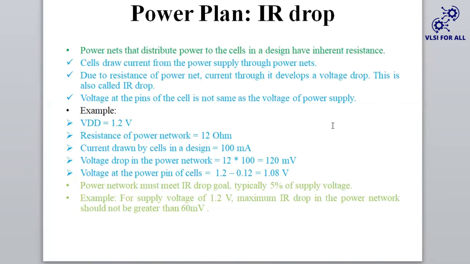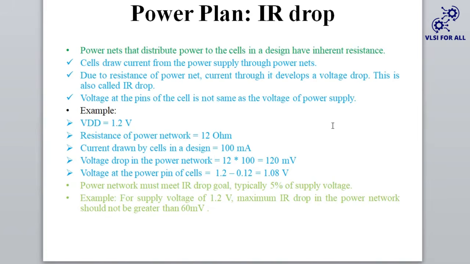Next, what will the voltage drop in the power network be? That is 12 into 100, which is the resistance of the power network times the current drawn by the cell. This is called voltage drop. You will get 120 millivolt. Now the voltage at the power pin of a cell will be 1.2 minus the voltage drop.